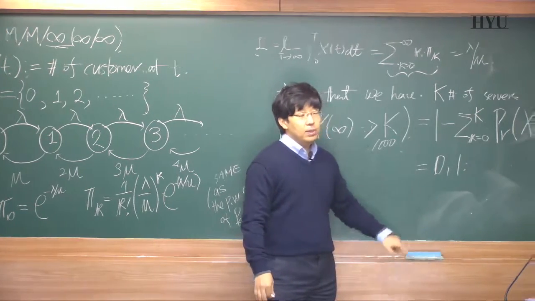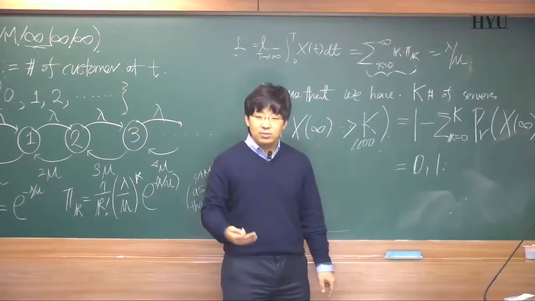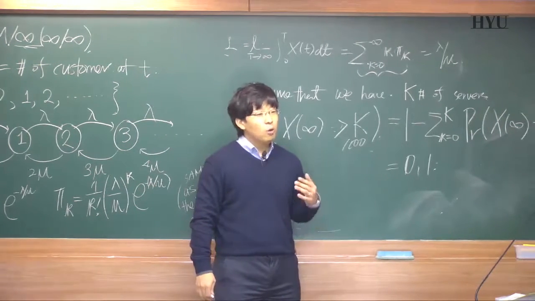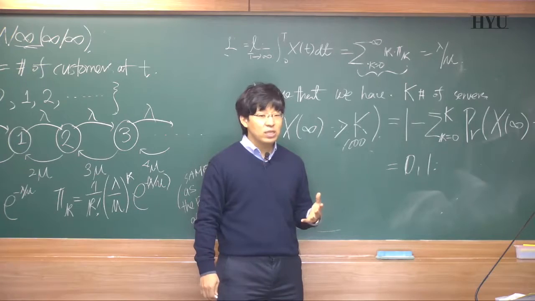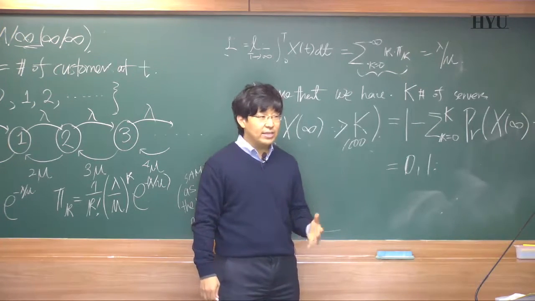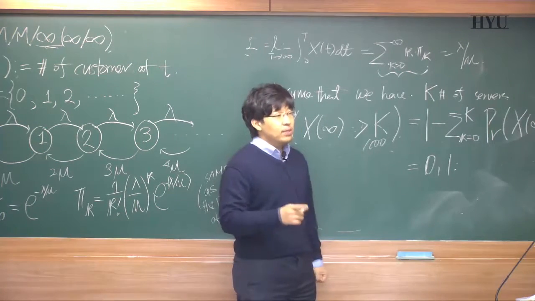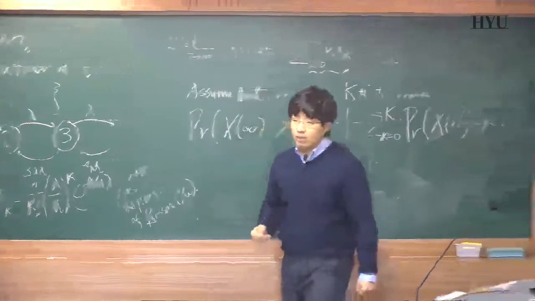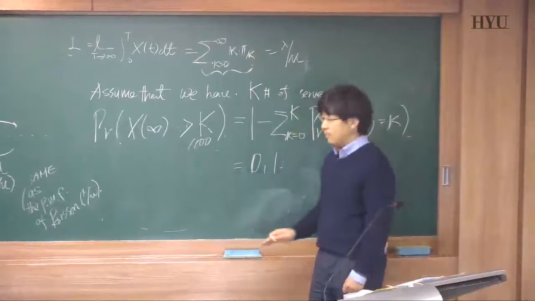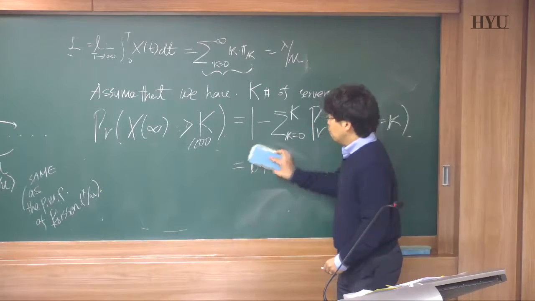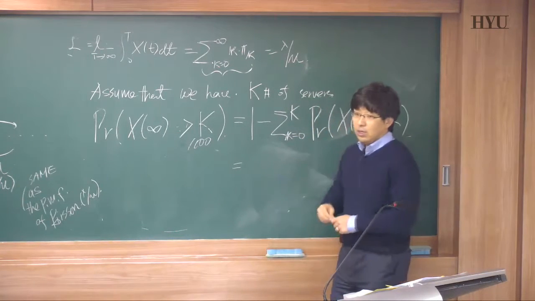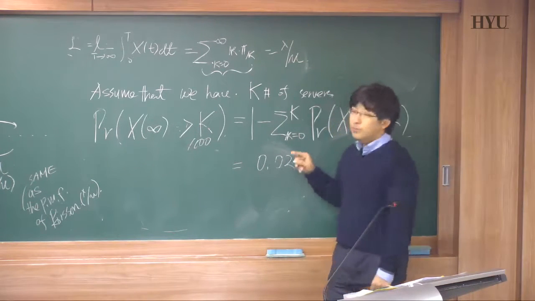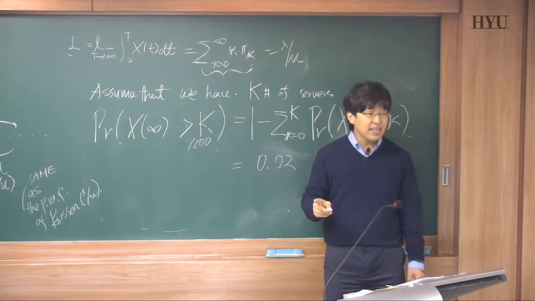Even though we cannot install infinite servers, we want to know how many servers we need to install so that the blocking probability is a certain number. Let's say when we design such a server system, what if we control this probability to be like 0.02? 2%, with 2% someone cannot enter the system.